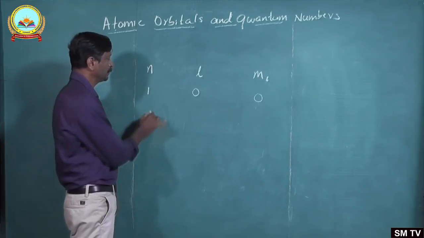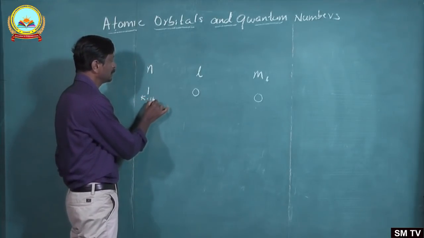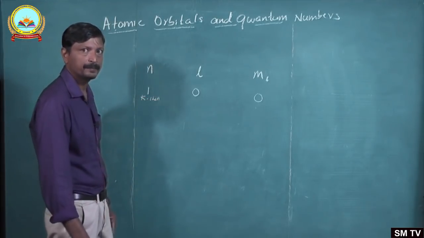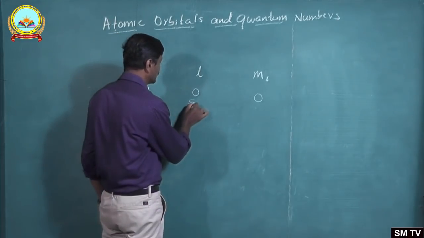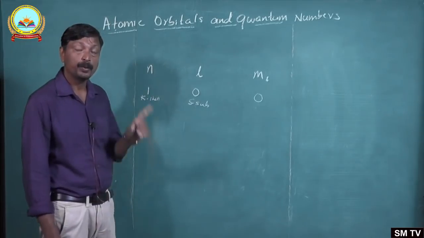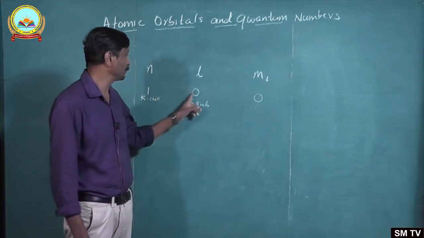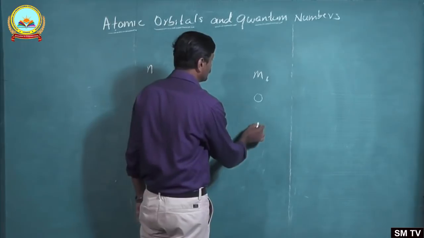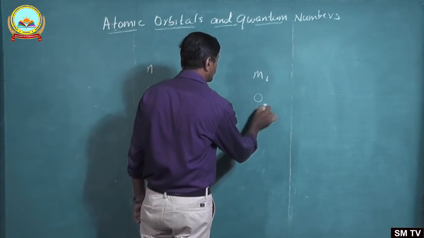N is equal to 1 means it is a K shell. How many subshells are present? Only one, that is an S subshell. You write 1s because N is equal to 1. Here M is equal to 0, it has only one orientation.